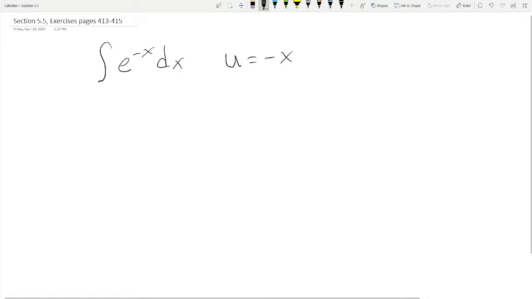Now, here's the idea. The one integral that you're really good at is the integral of e to the u du. When you calculate this, you're asking yourself what function, or set of functions, has a derivative that gives you back e to the u.